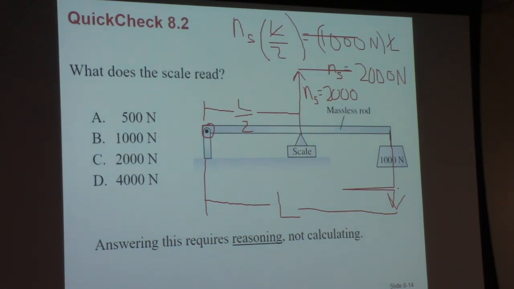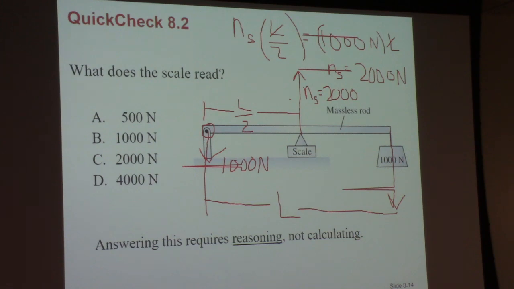It turns out that they actually do. So there's a force from the hinge this direction. This also has to be 1,000 newtons. So if you actually built this, you've got to make sure that you get a strong enough hinge. Then you got 1,000 down, 1,000 down, and then 2,000 up. And then all the forces are balanced too.